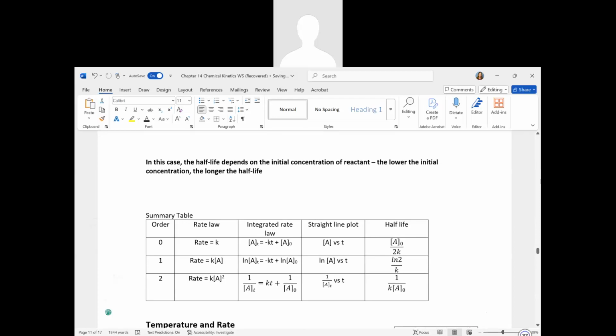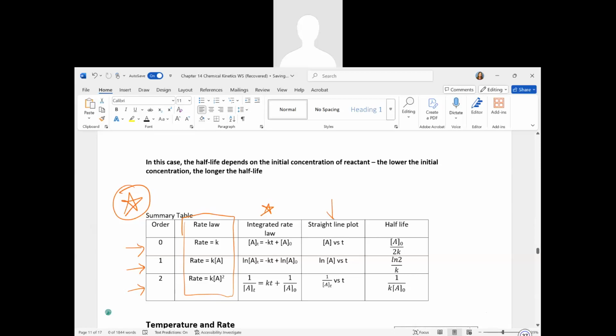So this table here has a summary of the different orders of reaction that we have seen, 0th, first, and second, and the corresponding rate laws. That would be examples of each. The integrated rate law is what we use to solve for either time that has elapsed, a rate constant, or how much concentration remains after a certain time.